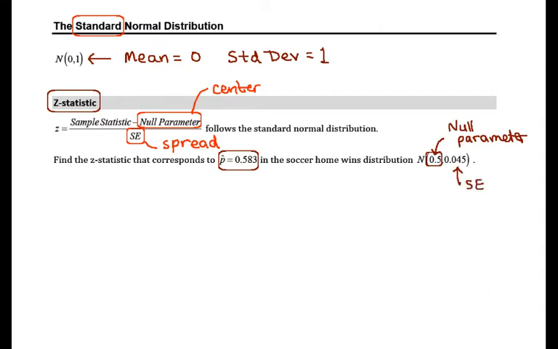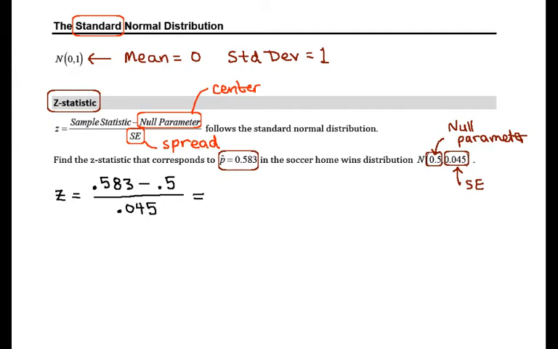This standard error just came from a randomization distribution in this case. So my z-statistic is the sample statistic, 0.583, minus the null parameter, 0.5, divided by the standard error, 0.045.